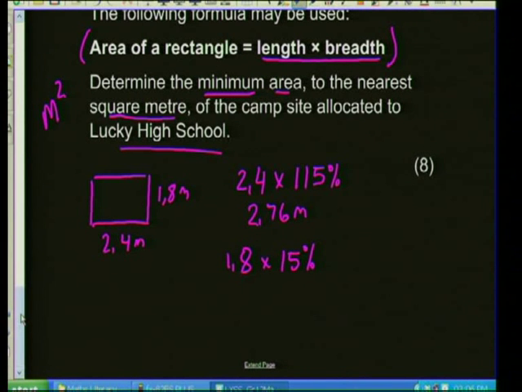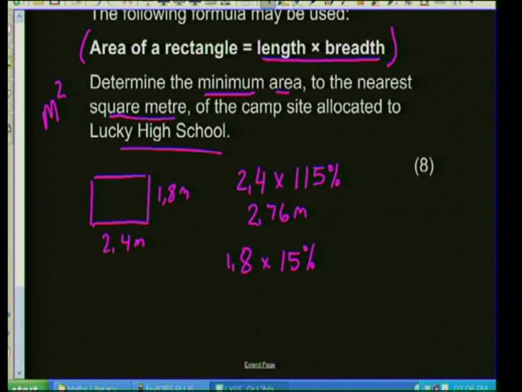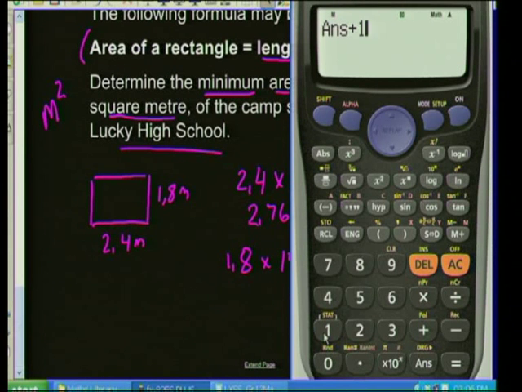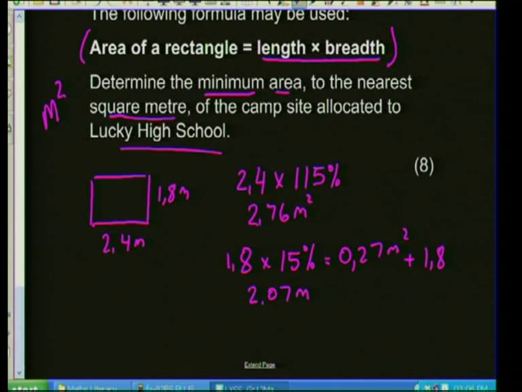Let's work out 15% of 1.8. So 1.8 times 15% is 0.27 meters. But I need to add my 1.8. So that's 2.07 meters. And I've kept to 2 decimal places. I'm only going to round at the very end of this calculation.